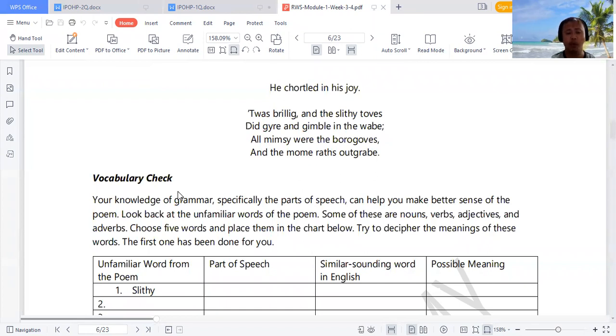Choose 5 words and place them in the chart below. Try to decipher or understand well the meanings of these words. The first one has been done for you. Okay, let's check Merriam-Webster.